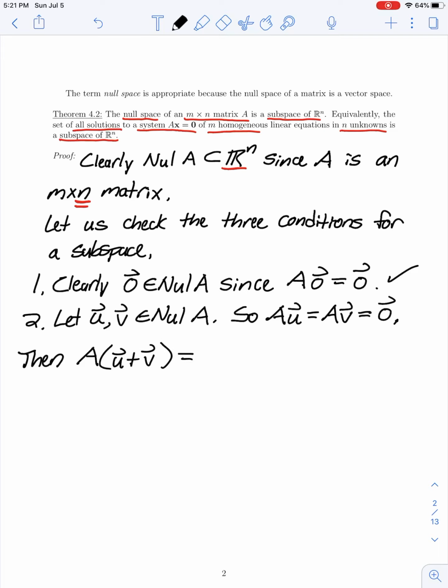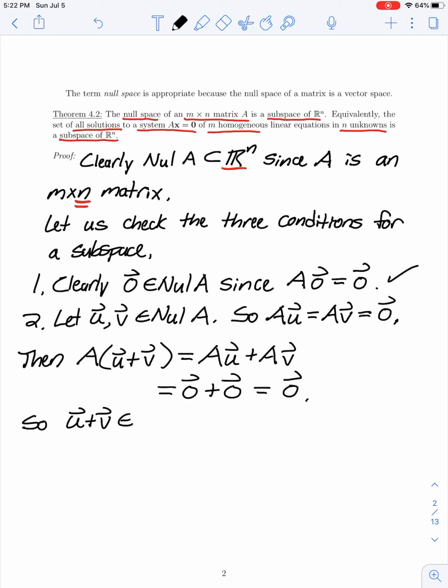If I take A times the sum of u and v, using properties of matrix multiplication, this is the same as A times u plus A times v. That is, matrix multiplication is distributive. And both A times u and A times v were the 0 vector. So we have the 0 vector plus the 0 vector, which is the 0 vector.